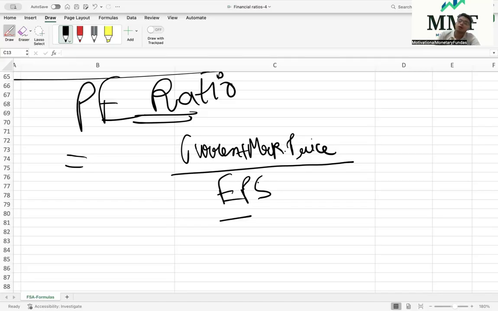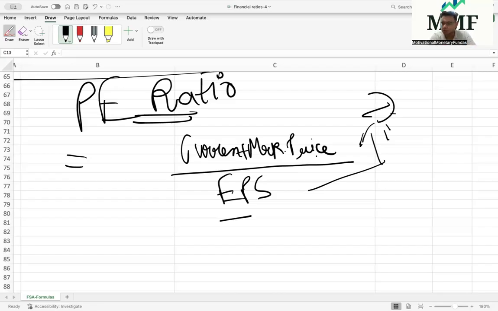Now, before calculating this, it is also important to calculate EPS, because EPS again is a derived number. How will we calculate EPS? Current market price of the share, you will simply get from Google or BSE or NSE. If you want to calculate the price to earning for any of the companies in the market, for example Infosys, which belongs to the IT industry, correct?